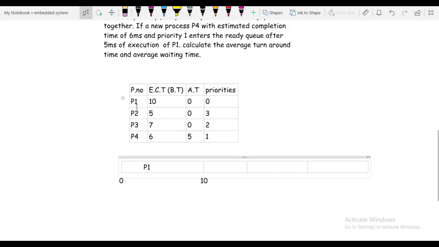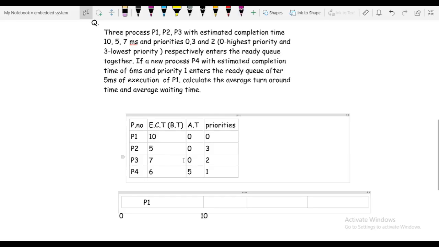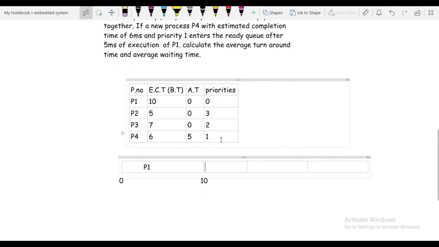Okay, now from 0 to 10, 5 has already come in between, because after 5 milliseconds you'll find a new process. Now in the queue you have P2, P3 and P4. Among these 3, P4 has the highest priority, so P4 will be executed next, till 6 milliseconds.